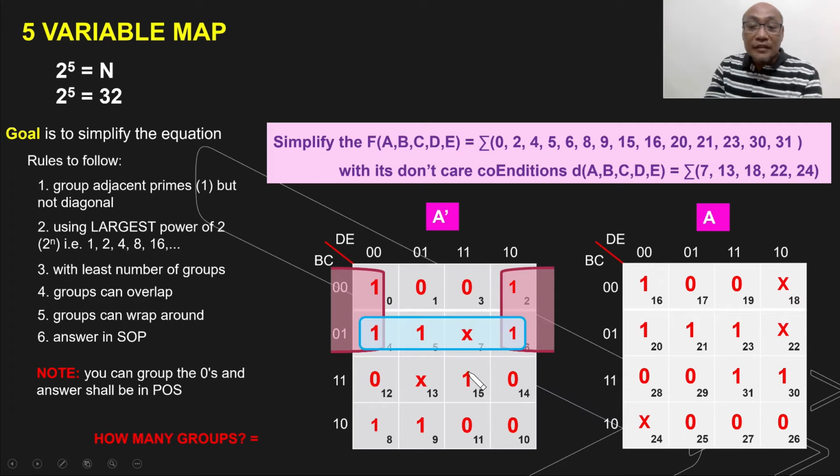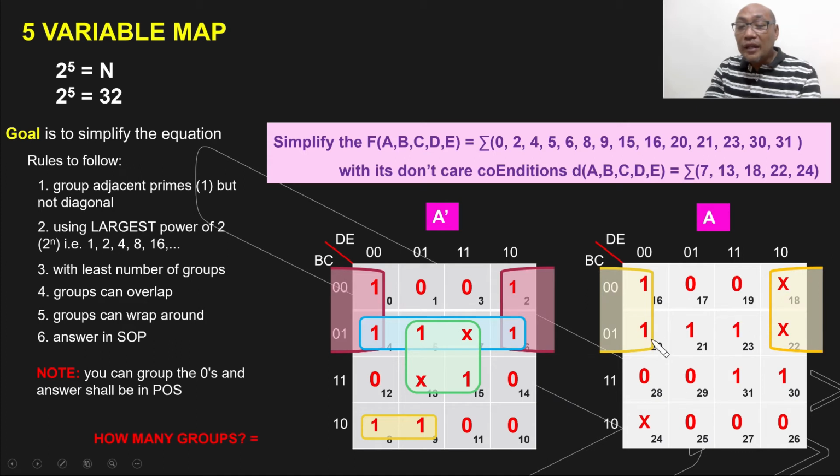Then we have, again, this. How about this one? If we are going to group it with this one only, we have another don't care here. So why not use these two don't cares so that we will increase the number of primes in our group. Then obviously, there are only 2, so let's group them together. Also with this 2, there are 2 don't care here, so we group them together.